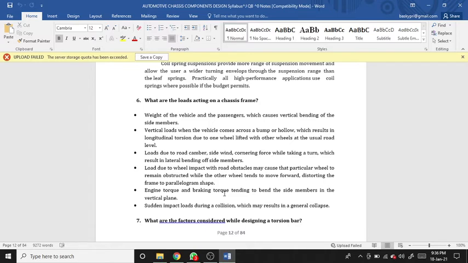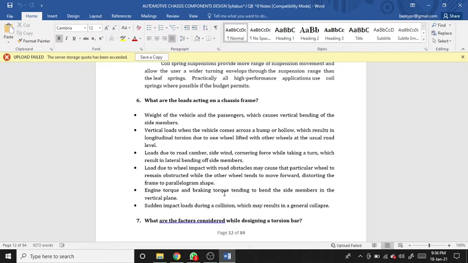Then engine torque as well as braking torque tend to bend the side members in the vertical plane. Generally, if the torque is more, the speed of the engine is less. Always the torque is inversely proportional to the speed.